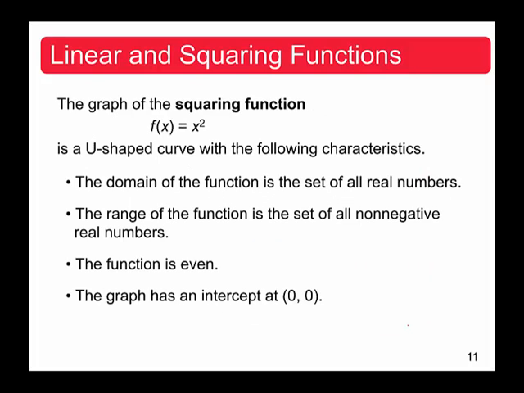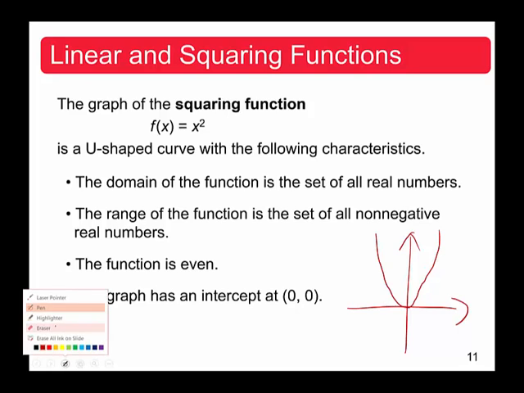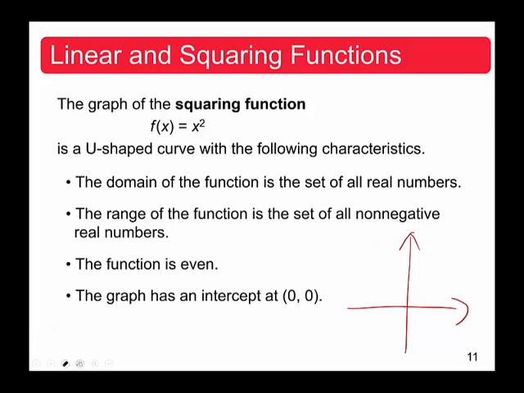Now let's take a look at the squaring function. f of x equal to x squared. As I mentioned, the graph is a parabola that opens upward, and it goes through the origin, and it also has very interesting characteristics here.